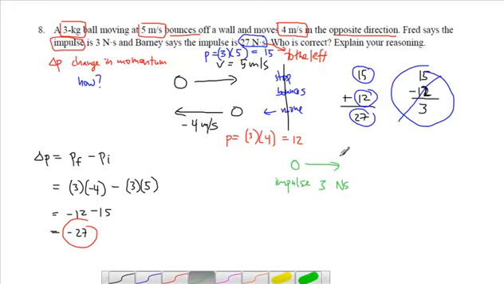An impulse of 3 Newton seconds would only change that to either 18 if you sped it up, or 12 if you slowed it down. But in either case, the momentum is still going to the right. You definitely need a momentum of 27, or an impulse of 27, in order to move it back to the left. You have to overcome the 15 and move it to the left.